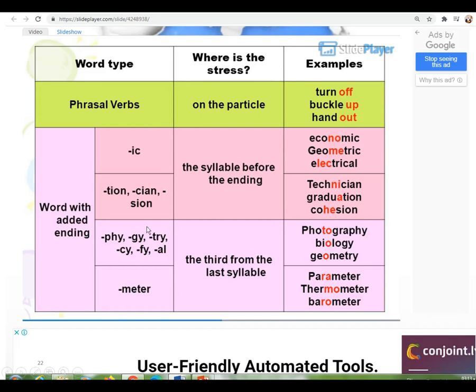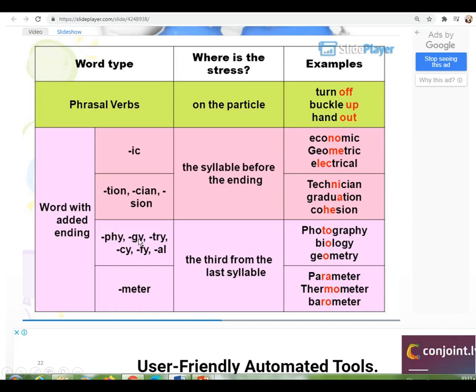As far as suffixes, I see TION, CIAN, SION, all of these take the stress on the syllable before them. For example, economic, geometrical, electrical, technician, graduation, cohesion.